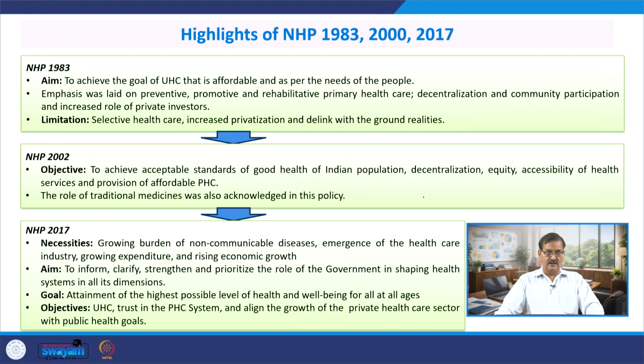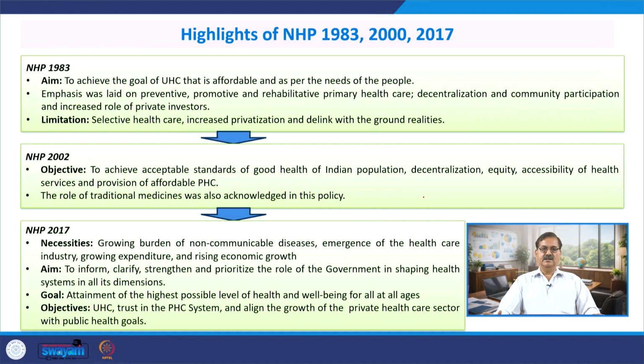Then comes the National Health Policy 2002. Its objective was to achieve acceptable standards of good health of the Indian population. Decentralization again was emphasized in this policy, along with equity, accessibility of health services, and provision of affordable healthcare services, particularly primary healthcare services.